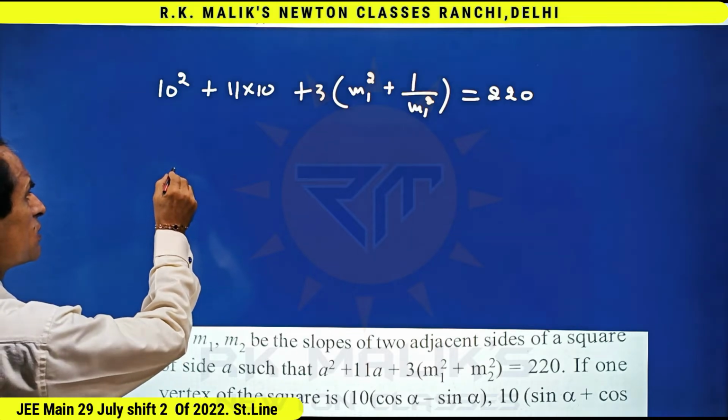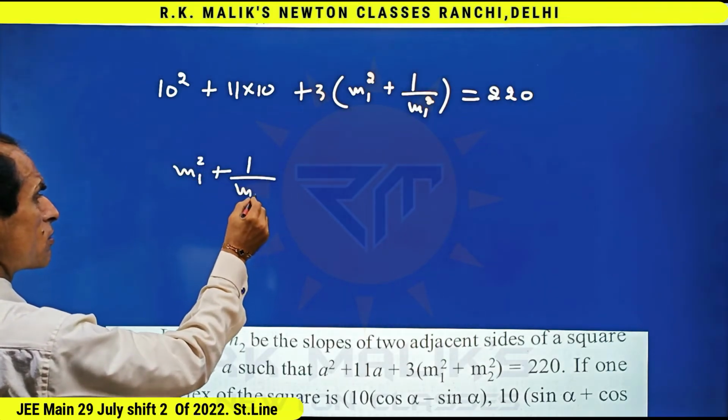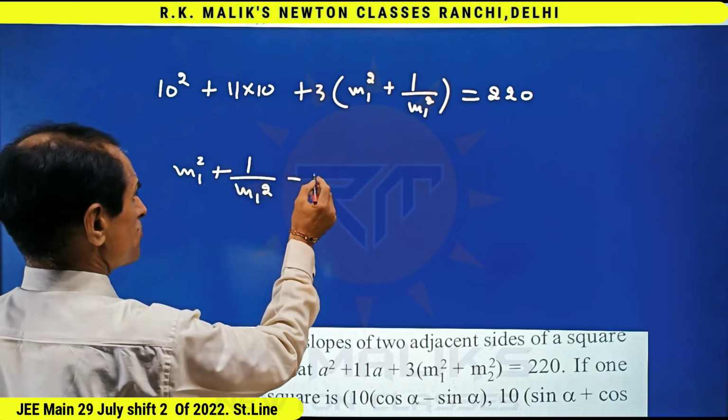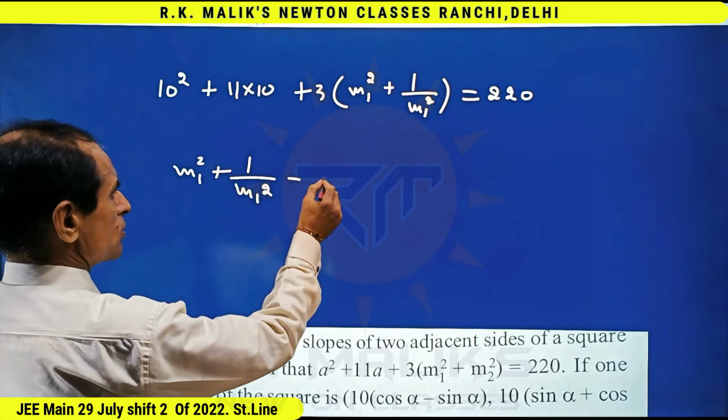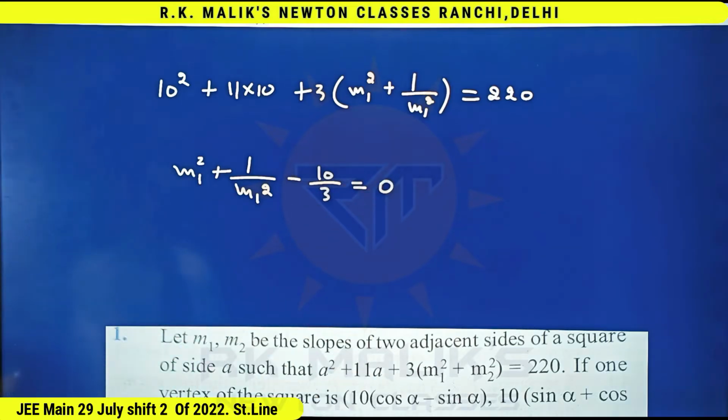That is, I get minus 10 by 3 equal to 0.